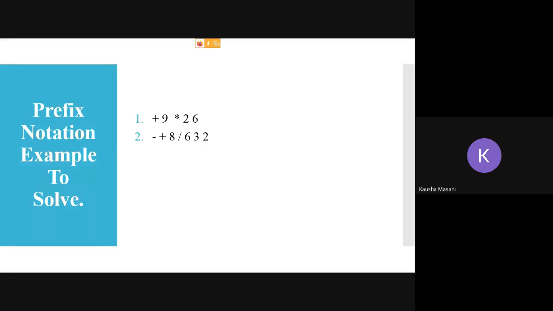Solve this one. Yes, right. 8 is the answer.